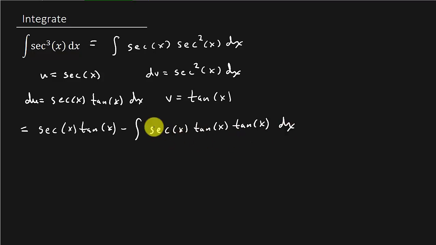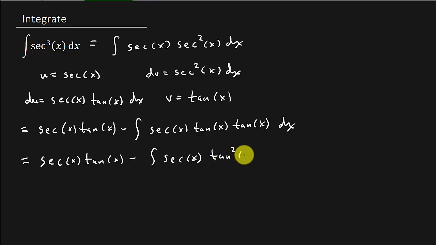For this, we just multiplied these together and take the integral of it. So this is going to be secant x tangent x minus the integral of secant x tangent squared x dx.